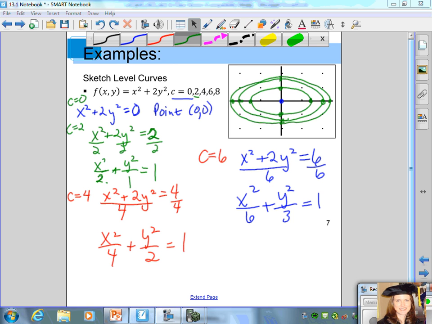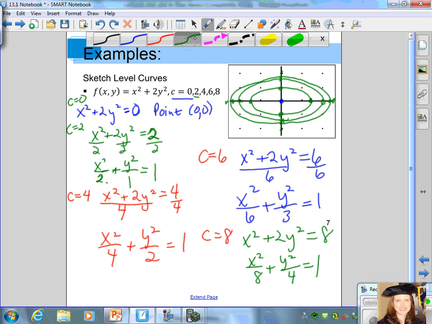Now do the same thing for that last c level, c equals 8. Set the function equal to 8 and simplify the result. When you sketch that last one at c equals 8, you see that those ellipses end up being pretty close together the higher the c level. So the surface is very steep as the elevation increases.